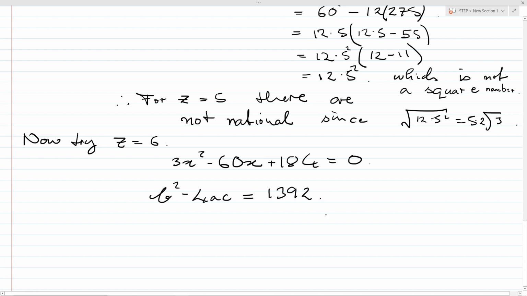And how do I know that this is not a perfect square? Well, a perfect square can't end in a 2. How do I know that? Well, if we think about any number, we know that every number in base 10, and especially integers, can be written as powers of 10 multiplied by digits between 0 and 9.